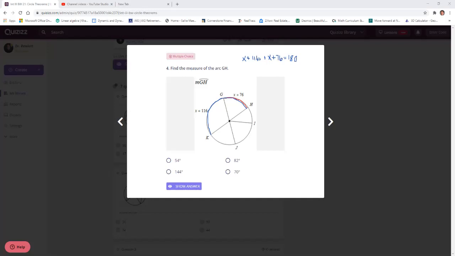And if I add these up, x plus x is 2x. And then what am I going to add here? 116 plus 76, I believe, is 192. I'm going to set that equal to 180.